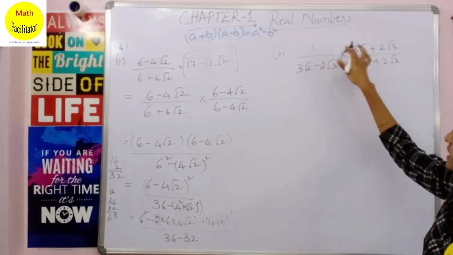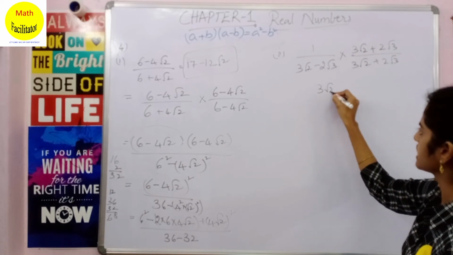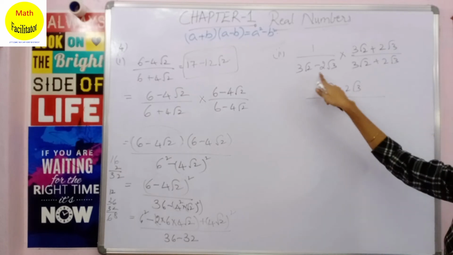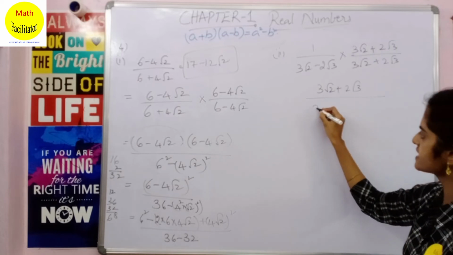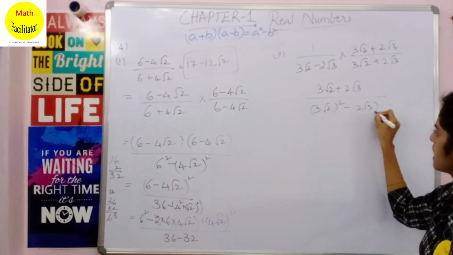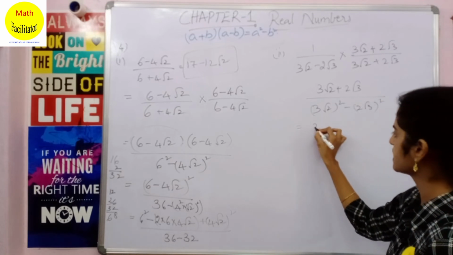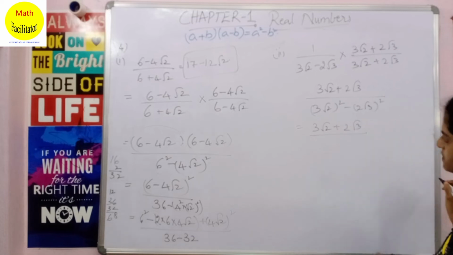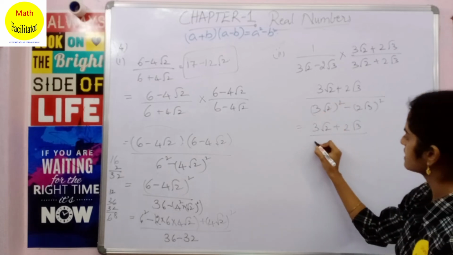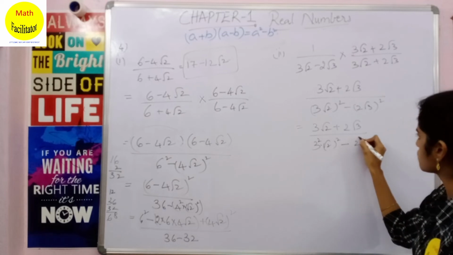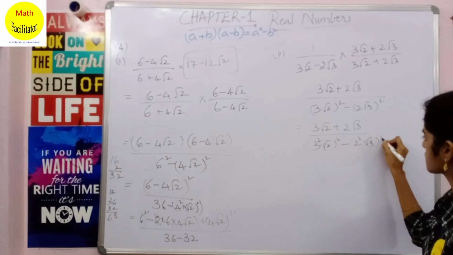Now 1 into 3 root 2 plus 2 root 3 is the same number, divided by, it is a minus b into a plus b, so it is a square minus b square. So this is nothing but 3 root 2 plus 2 root 3 divided by 3 square into root 2 whole square minus 2 square into root 3 whole square.